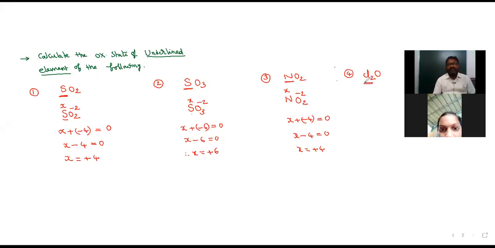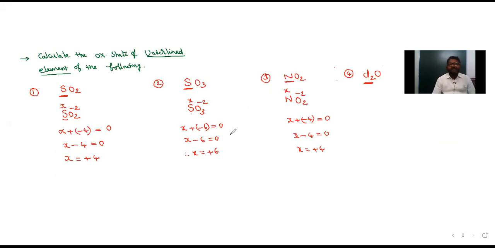In Cl2O, I want the oxidation state for chlorine atom. I don't know the oxidation state of chlorine. Let it be X. What about oxygen? -2.